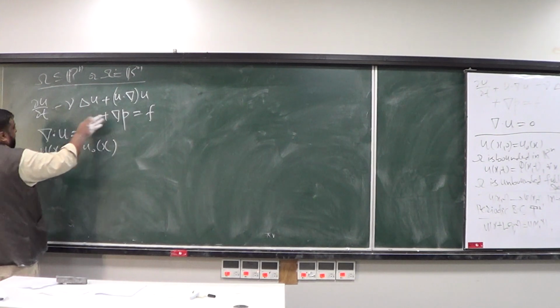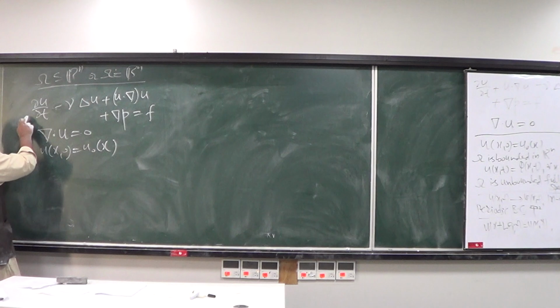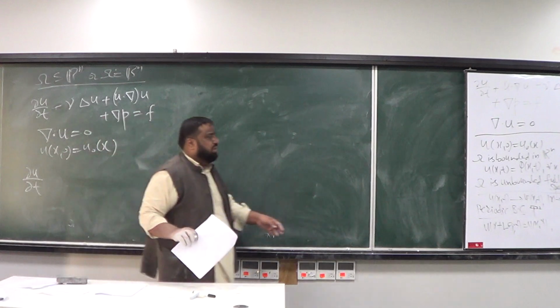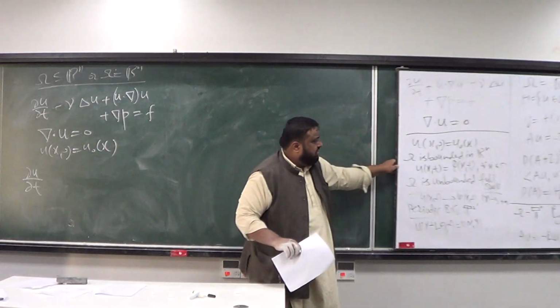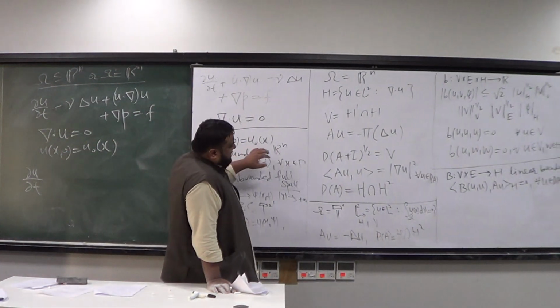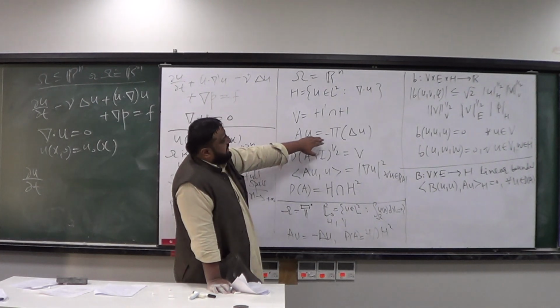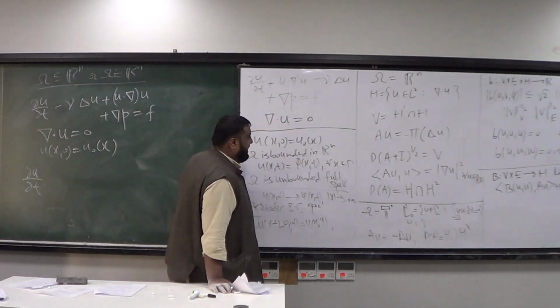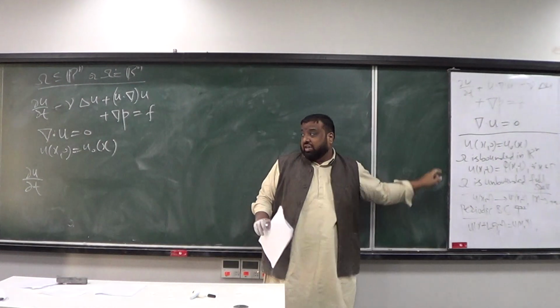If I apply my projection operator, pi, onto both sides, then pi of partial u by partial t, by properties of the projection operator, is going to be partial u by partial t. Remember, we had this projection operator and I wrote some of its basic properties, so you have to keep those properties in your head.